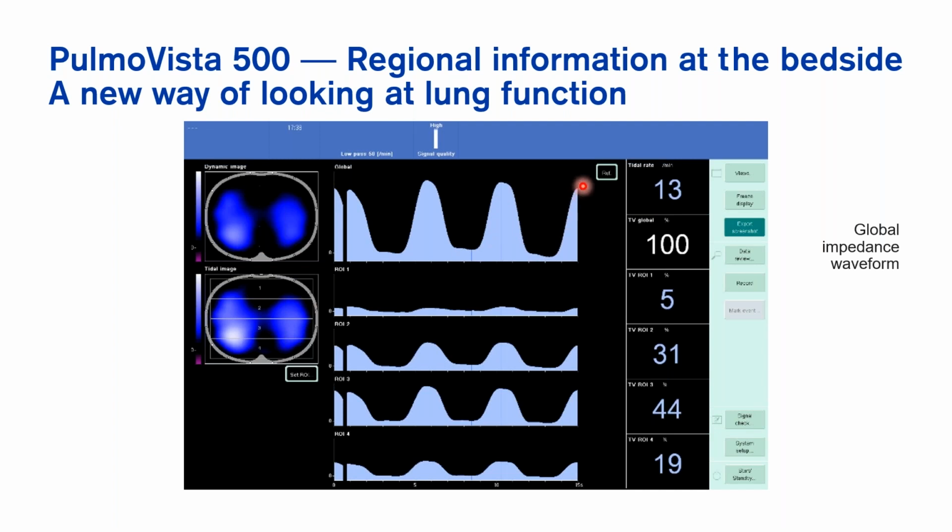So this would be how our tidal ventilation happens. Then we have the tidal image. This is the image at the end of inspiration. So once the inspiration has completed, we will take the tidal image, showing how the volume has been distributed in the lung. And then we have the regional impedance waveforms, and then we have the regional tidal variation. We're going to have a look at a bit more details on the display of the PulmoVista.